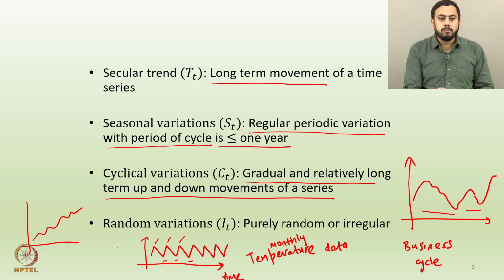And now lastly, talking about random variations. Random variations, denoted by I_t, are purely random or irregular, and as discussed earlier, this resembles the noise in the data. Random variations are not predictable, since they are a combination of completely random observations or random movements.